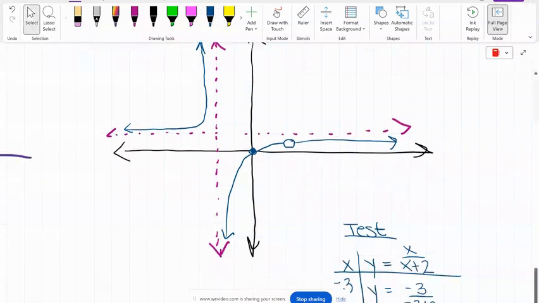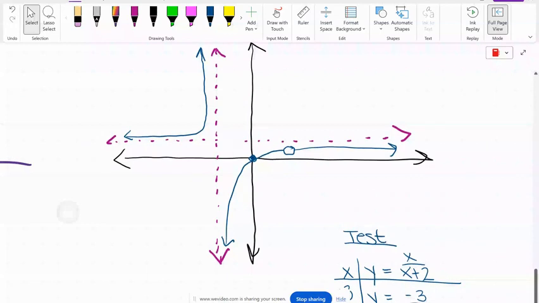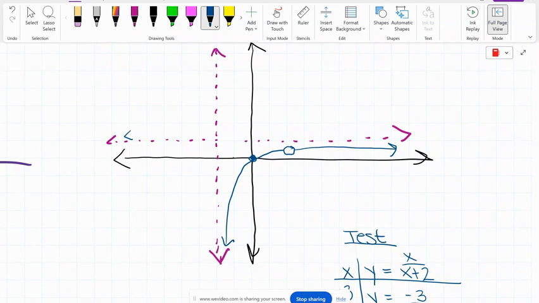Yeah, +3. That's why we were up top. So then it would have been right over here. I moved it a little bit, but I just wanted to give a general idea. So when we went 1, 2, 3, it would have been like that.